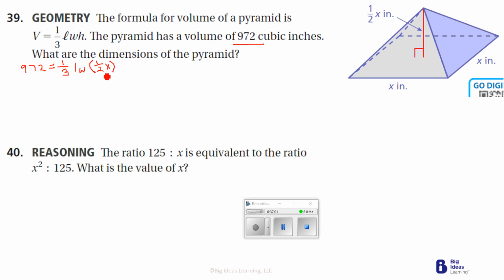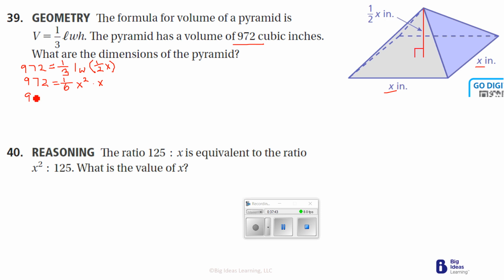All right, so now I can take 1/3 and multiply it by 1/2. This should give me 972 is equal to 1/6. And since this is a square base, you can see this is X and this is X. So you could just change this to X squared, and that would leave you with this X times X that's over here.